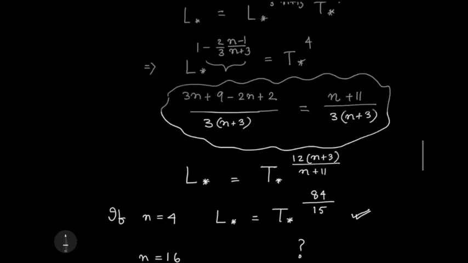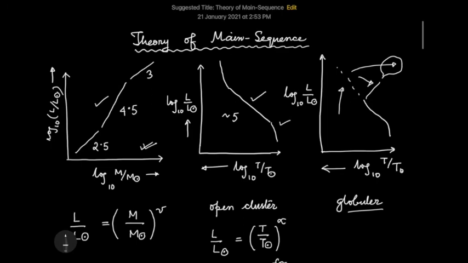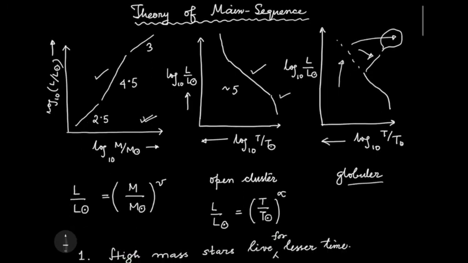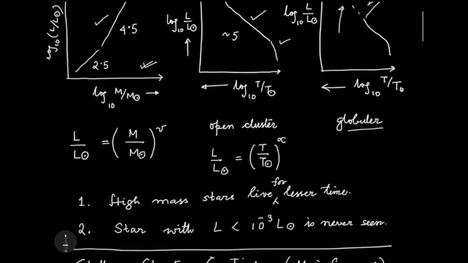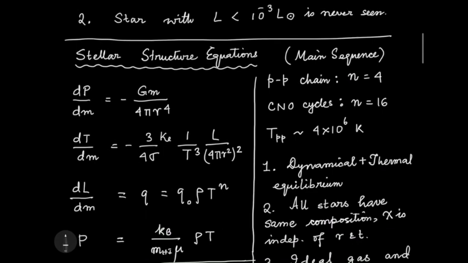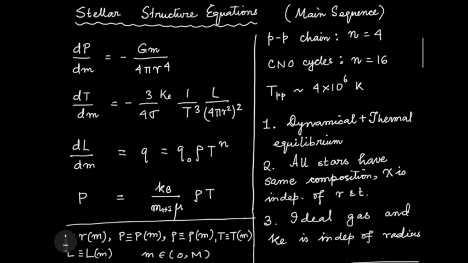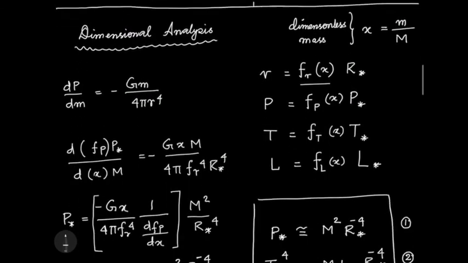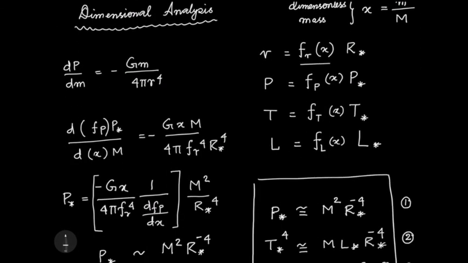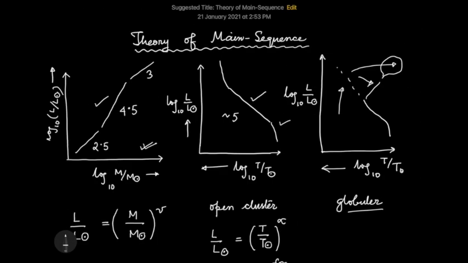Let me revise what we have done here once again. We said that we will find a theory of main sequence where we will try to explain these observations. We started with the stellar structure equations with some idealized assumptions, and we did simple dimensional analysis, which explained at least the nature of these curves.